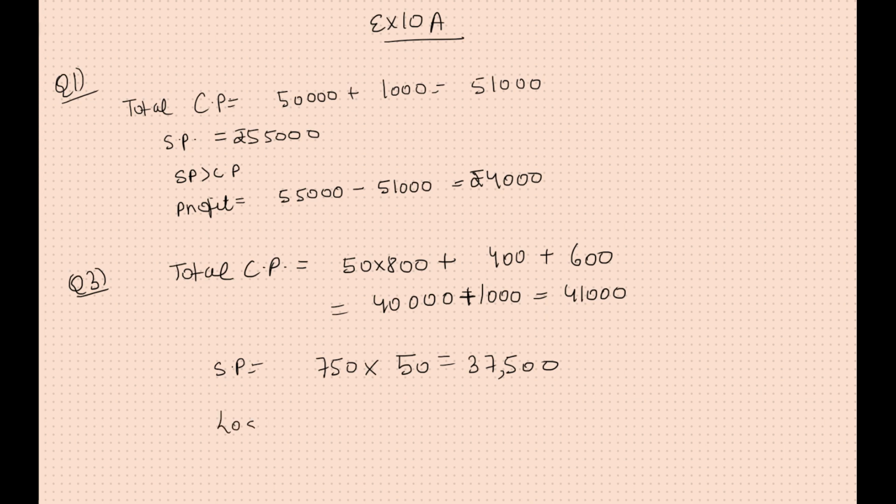So loss will be CP minus SP. 41,000 minus 37,500. And this will be your answer.